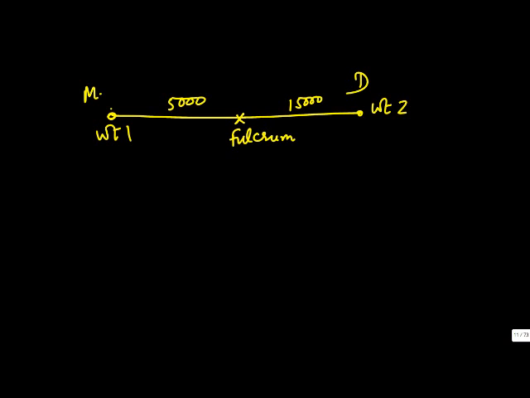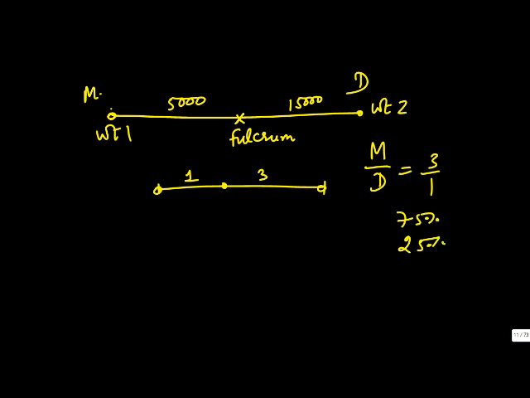Imagine a seesaw with this distance as 1 and this distance as 3. Which side do you need higher weight to balance it? Left side. So what would be the ratio of these weights? 3:1. So that means managers to directors will always be in the ratio 3:1. So 75% will always be managers and 25% will always be directors.